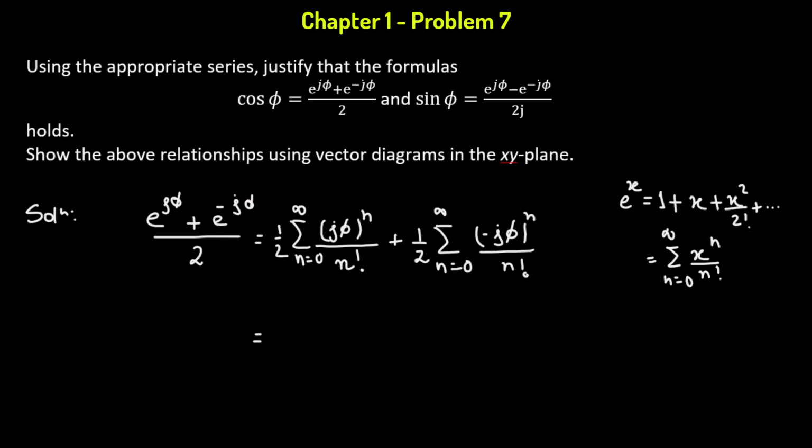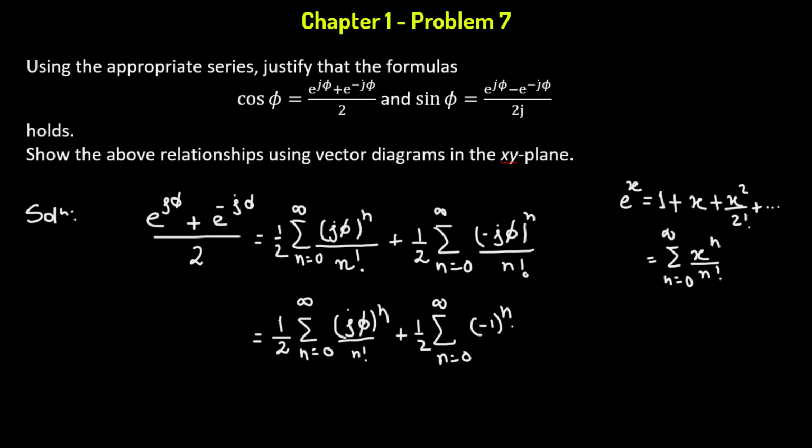Now this will be half of summation n going from 0 to infinity of (j times phi) raised to the power of n divided by n factorial, plus half times summation n going from 0 to infinity, so we have (negative j phi) raised to the power of n. So we can pull out the negative 1. It will give us (negative 1) raised to the power of n multiplied by (j phi) raised to the power of n divided by n factorial.